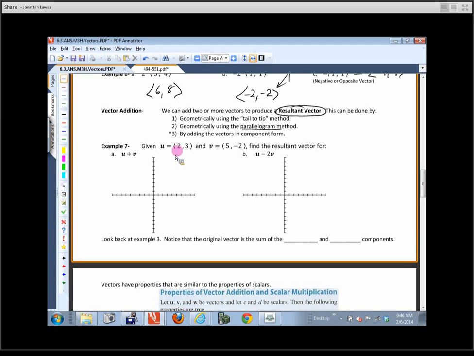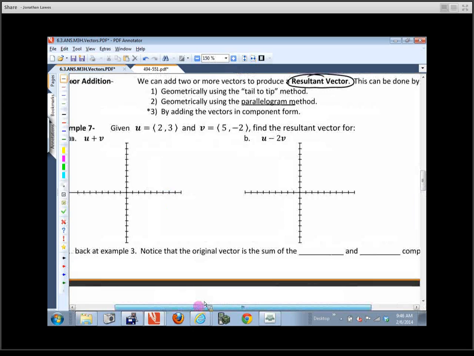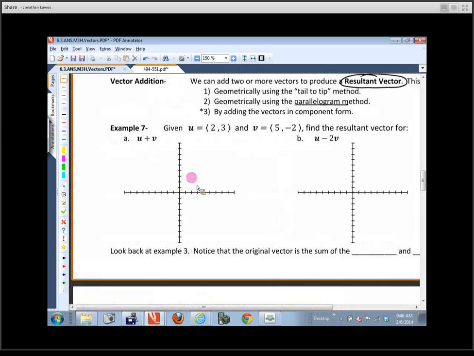So here's vector u and here's vector v. I'm going to do the tail to tip method. So if I have u plus v, the first thing I do is I draw u. So u is 2, 3. So 2 and 3. So here's u. The tail to tip method works like this. I take the tail of the second one and I start it at the tip of the first one. So this is 5, negative 2.